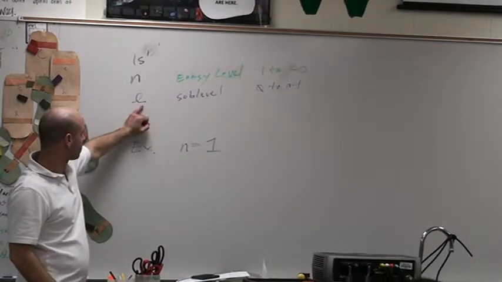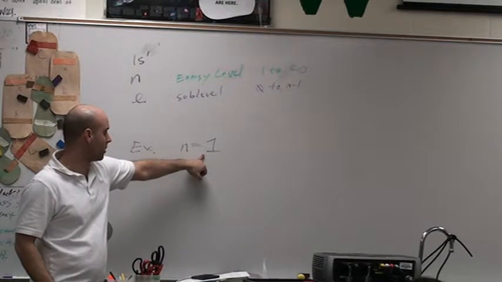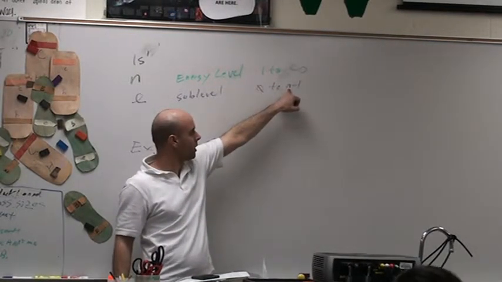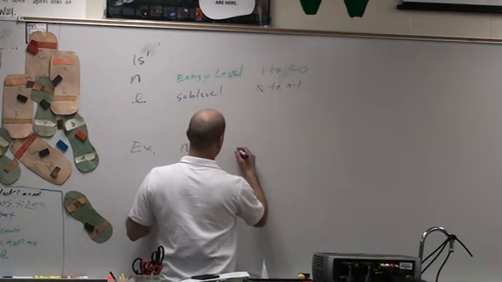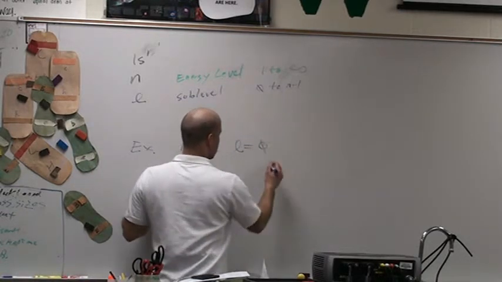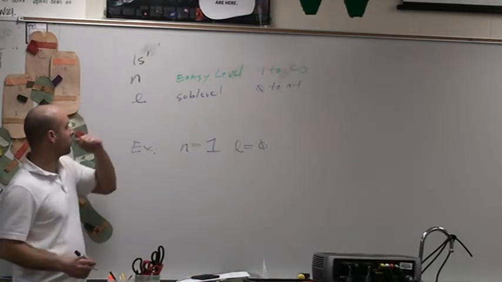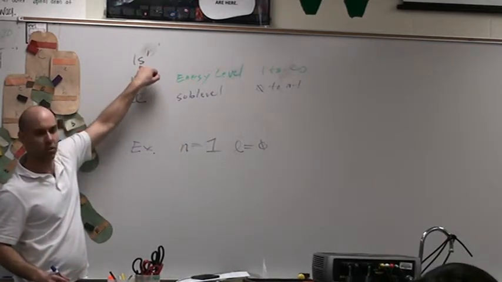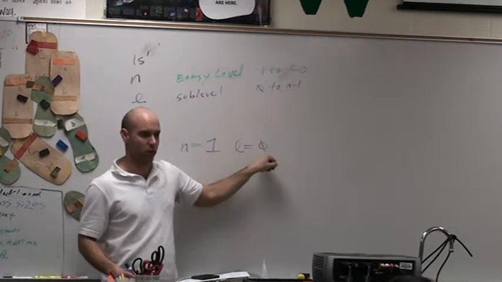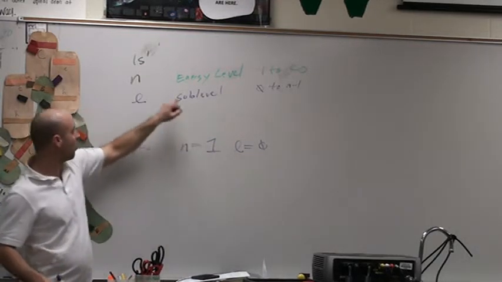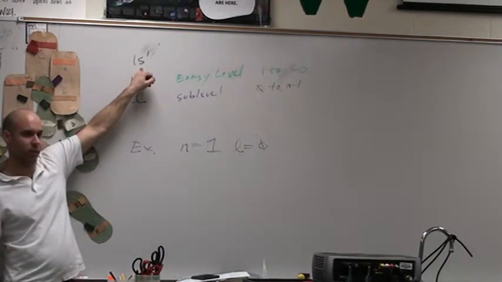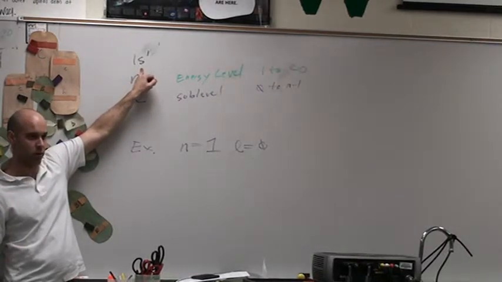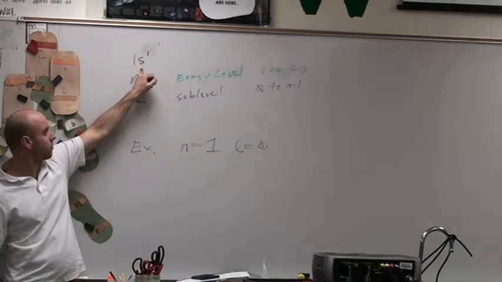So if n is 1, and I plug in 1 for n, that means that l must be 0 as well. So for that electron, n is 1, my sublevel is a value of 0. Or you can just memorize that if you're in an s sublevel, the value is always 0.